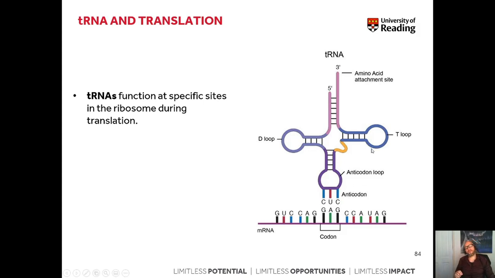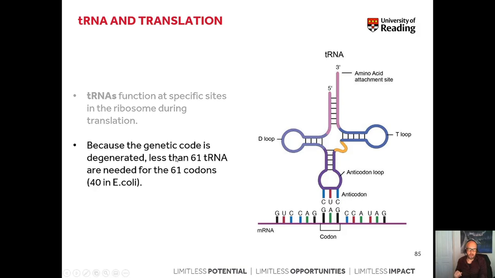There are also a few additional features on the tRNA molecule that are not that important for you, but just to give you the full picture, tRNAs also contain the so-called T-loop and D-loop, which are important from a biochemical point of view, but this is not something you should be worried about at this stage.